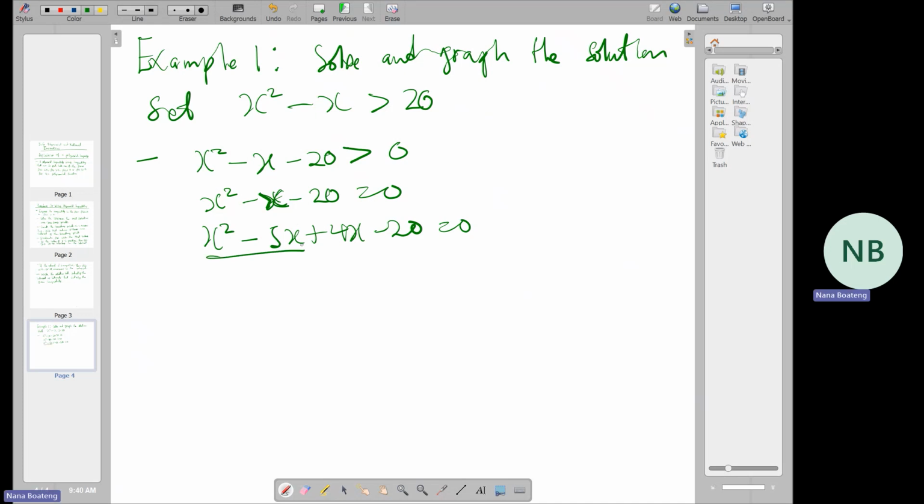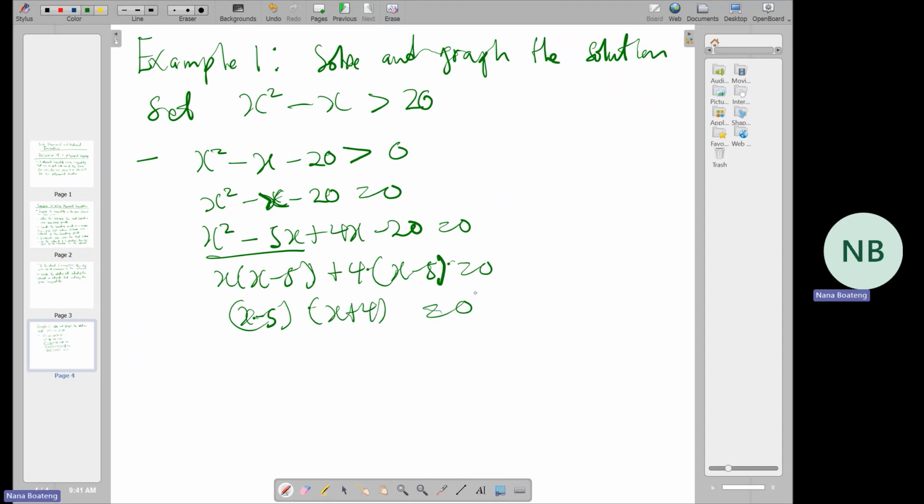And we can factorize x out of this: x times x minus 5. We can factor 4 out of this: 4 times x minus 5 equal to 0. And we can factorize x minus 5 out: x minus 5 times x plus 4 equal to 0.